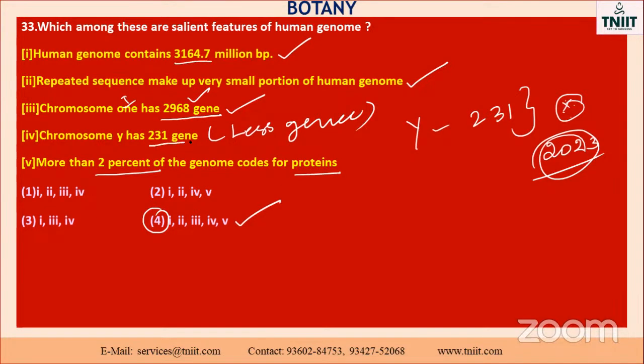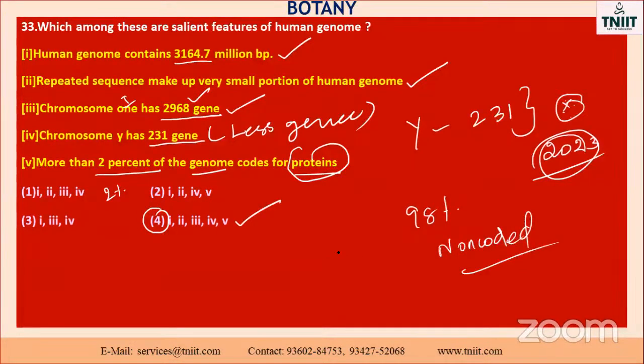And which one has the fewest genes? And 2% of the genome codes for protein molecules, so what happens in the remaining 98%, the non-coding part? Sometimes they may ask like this: given the human genome, if 2% of the genome is expressed as protein, how much percentage is non-coding? Like that they may ask the questions.